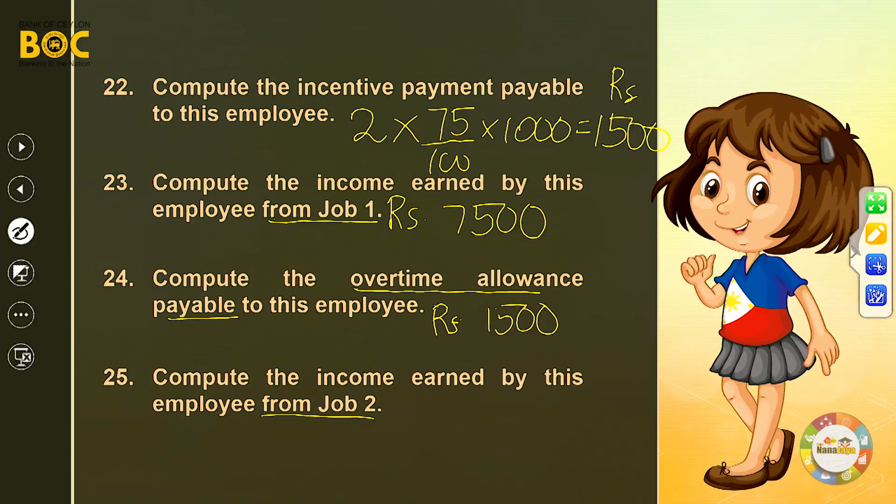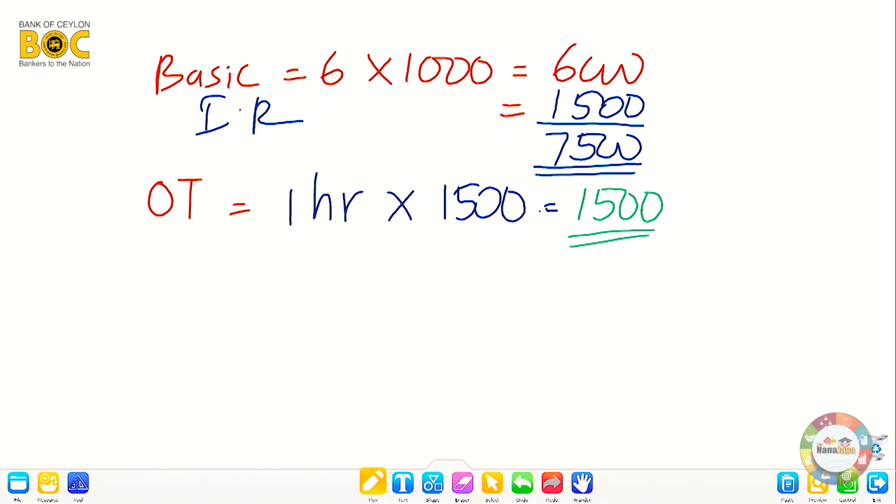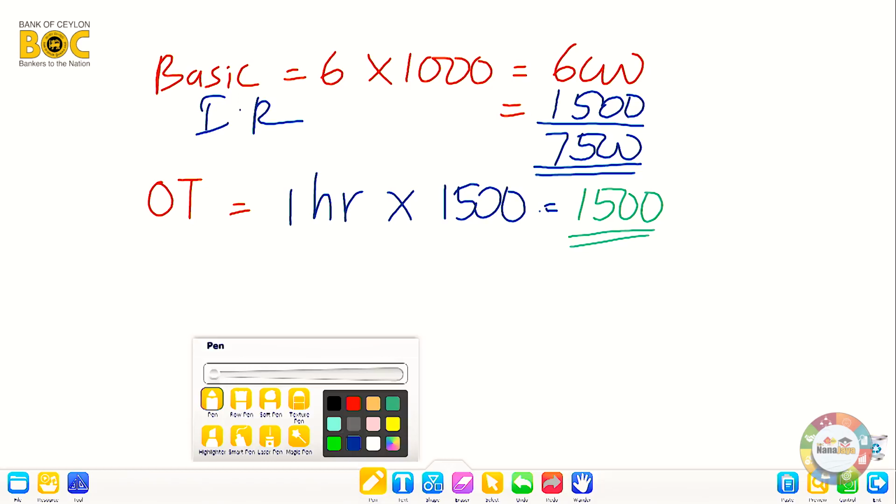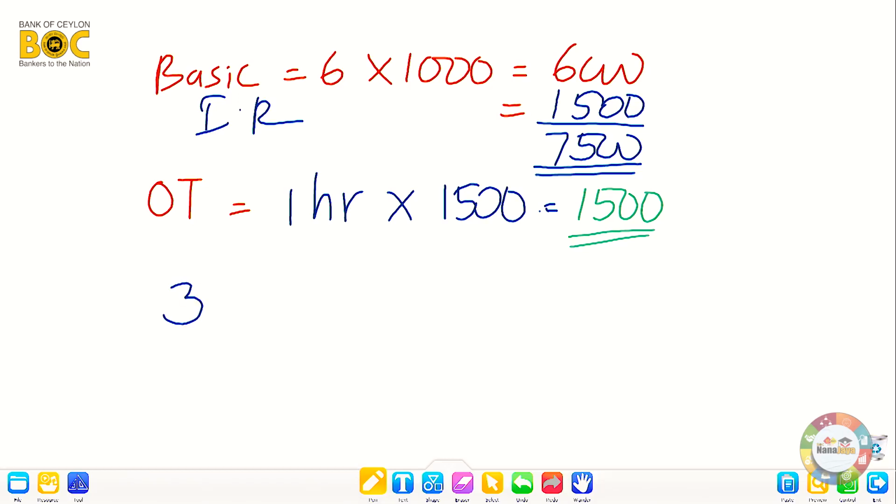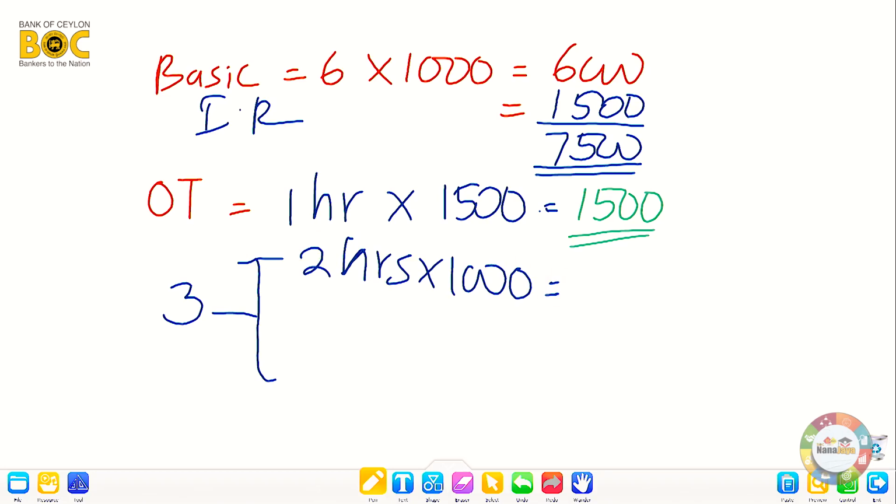You have to calculate income from job number 2. Time taken is 3 hours. Of these 3 hours, the first 2 hours are at normal rate: 2 hours at 1000 is 2000. The balance 1 hour is overtime, which we calculated as 1500 rupees.